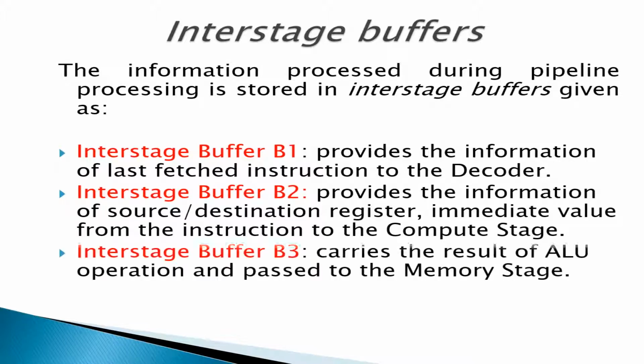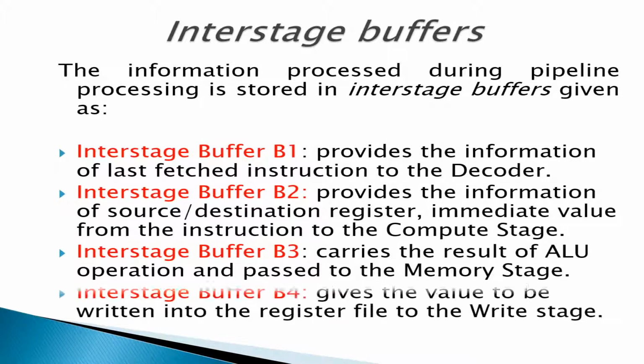Interstage buffer B3 carries the result of the ALU operation that can be data or an address and is passed to the memory stage. 4. Interstage buffer B4 gives the value to be written into the register file to the write stage.